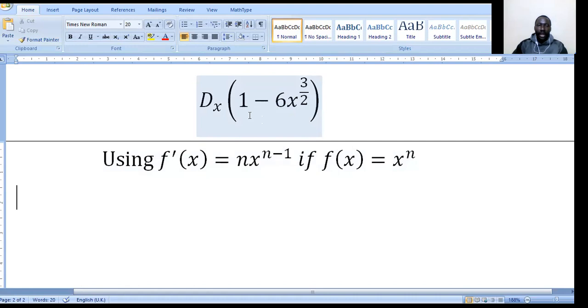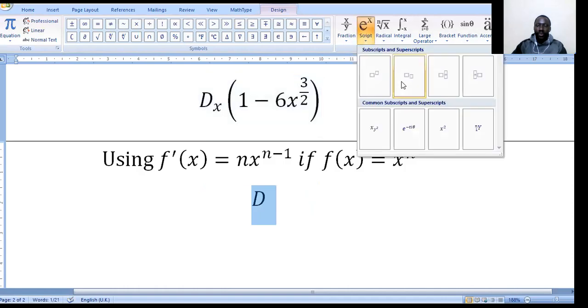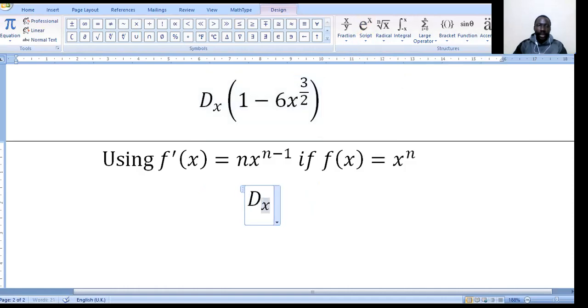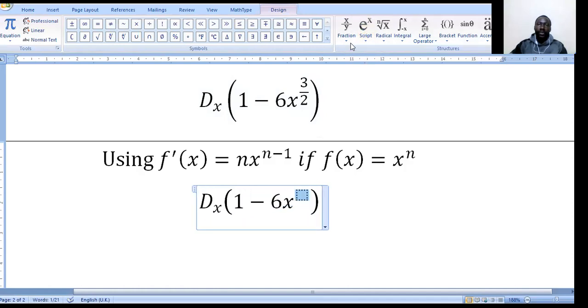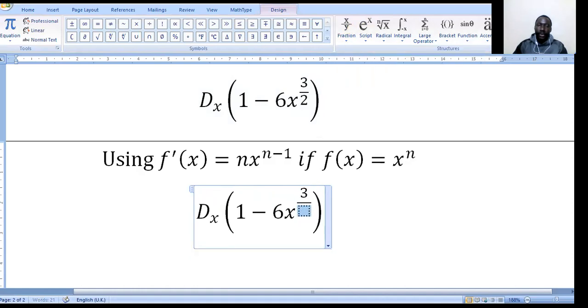So generally we can just write this. We can therefore say the derivative d of x, if the expression is 1 minus 6x raised to 3 over 2, okay, so 3 over 2.